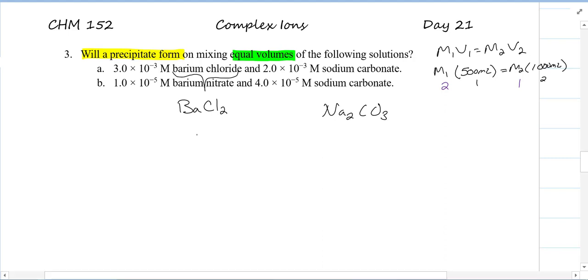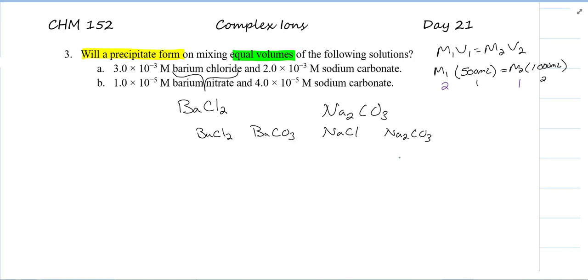So my combinations would be BaCl2, BaCO3, NaCl, and Na2CO3. We look: soluble, soluble, soluble, BaCO3 has a KSP. And that KSP is 2.58 times 10 to the negative 9th.